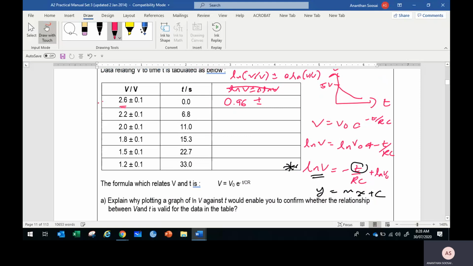So ln 2.6 minus the minimum is what? Ln of the smaller number, because plus minus 0.11, so 2.5.